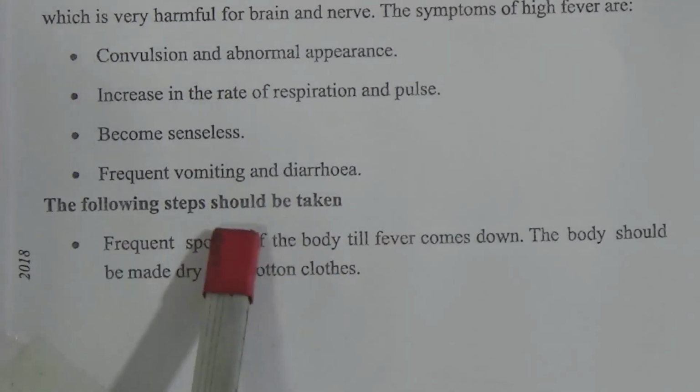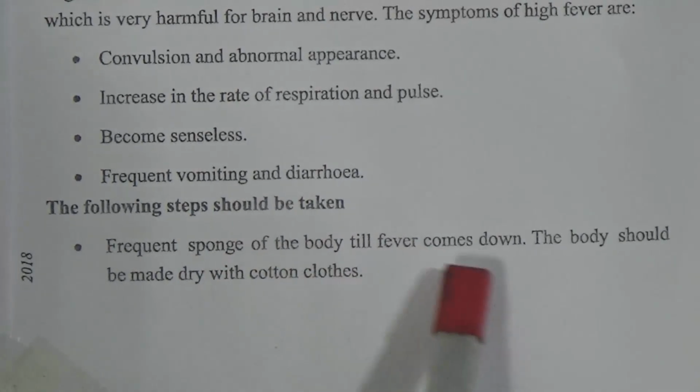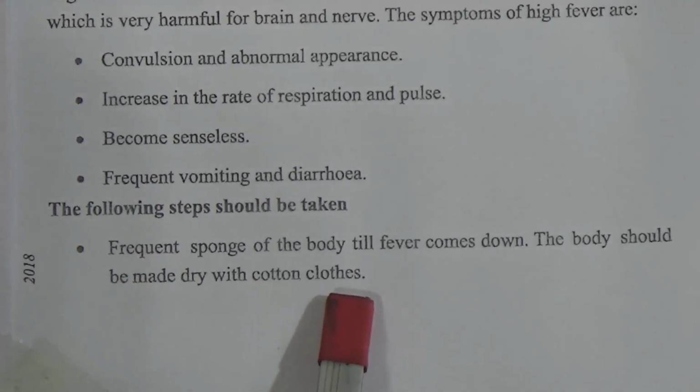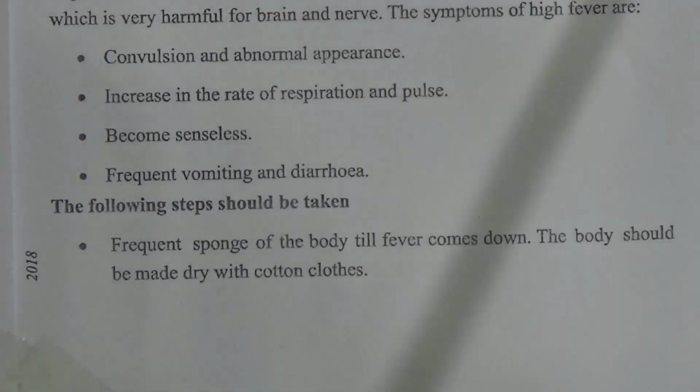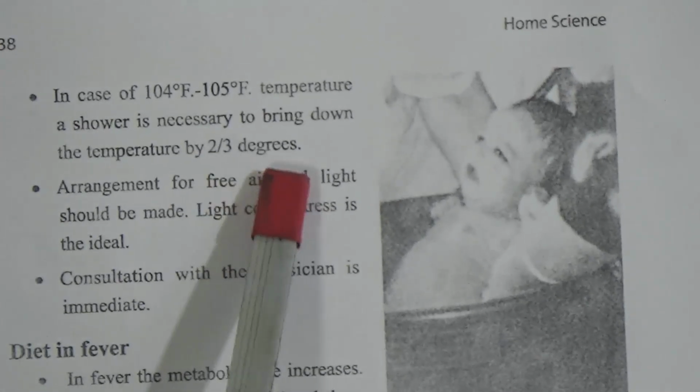The following steps should be taken. Frequent sponging of the body till the fever comes down. The body should be dried with cotton cloths. In case of 104 to 105 degrees Fahrenheit temperature, a shower is necessary to bring down the temperature by 2 or 3 degrees.